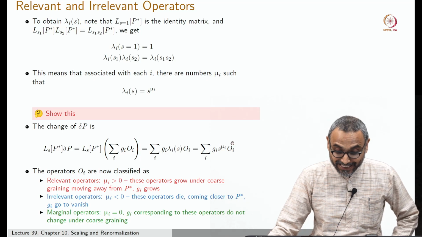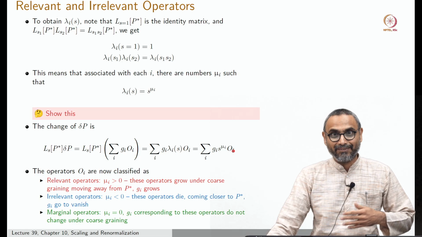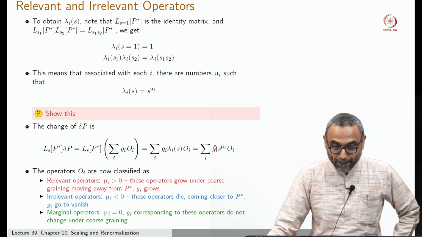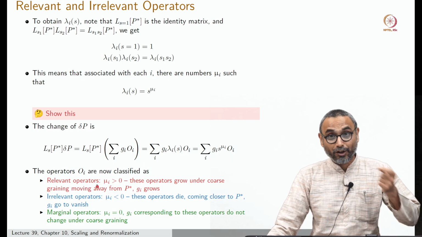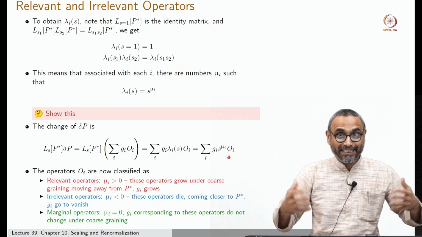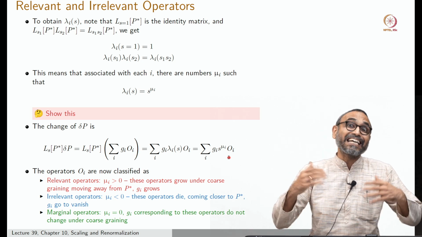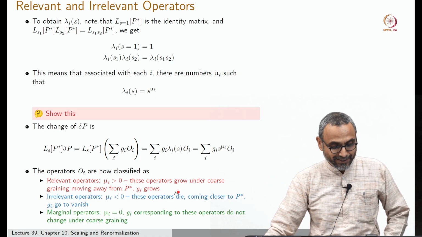So the mu I corresponding to the operator, if it is positive, is called relevant. These operators grow under coarse graining, their coefficients will start increasing, which means you will move away from the critical point.